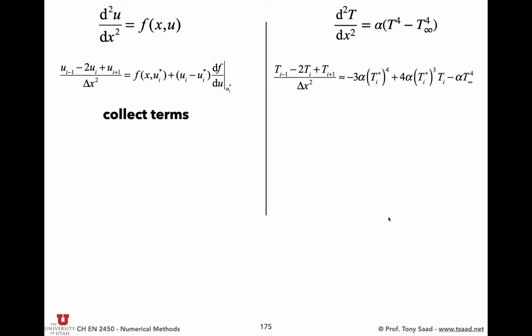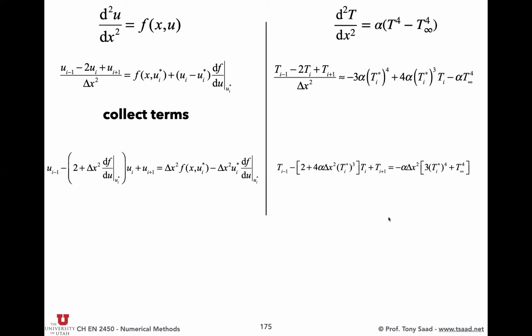Next, we collect the terms. We put everything we don't know, all the unknowns, on the left-hand side, and everything we know on the right-hand side. It's just algebra. So if I were you, I would derive these equations at home and make sure that you collect the terms correctly. So now we actually have a linear system of equations.